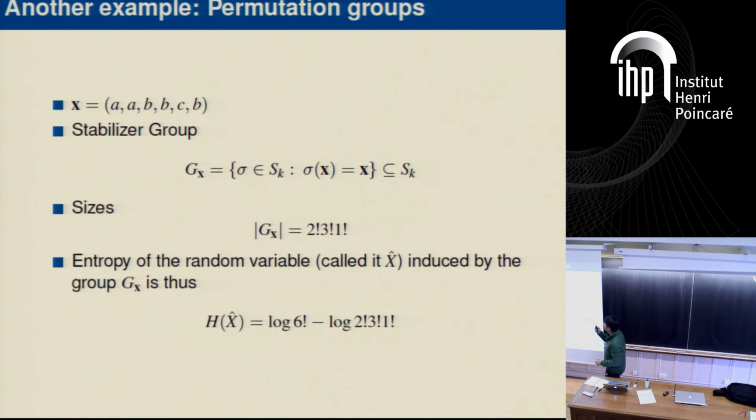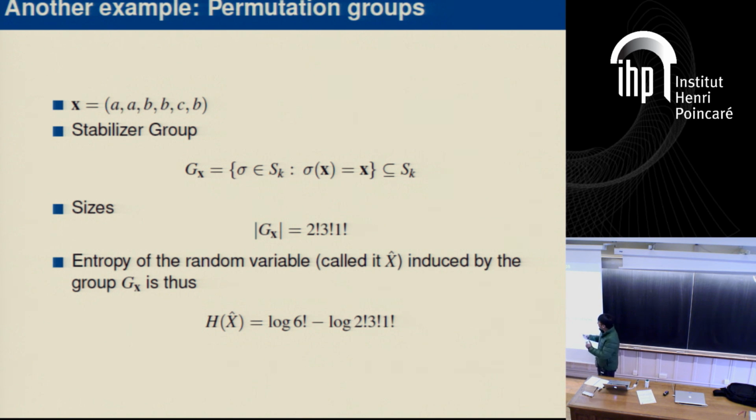For example, here, let's say we still use x to be this sequence. We can define a collection of permutations such that after the permutation, the two sequences are still the same. And it turns out that this set of permutations forms a group itself. It's very easy to prove why this is the case.